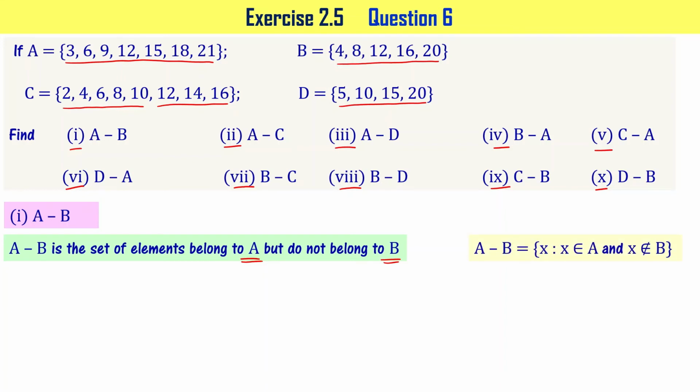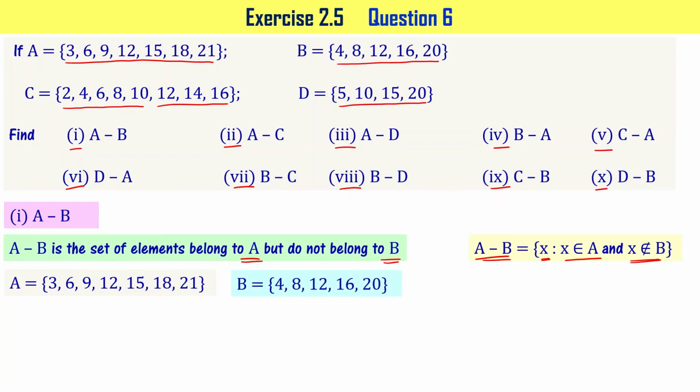In set builder form, it is written as A minus B is a set of elements x such that x belongs to A and x does not belong to B. A is a set of elements 3, 6, 9, 12, 15, 18 and 21, right? And B is a set of elements 4, 8, 12, 16 and 20.